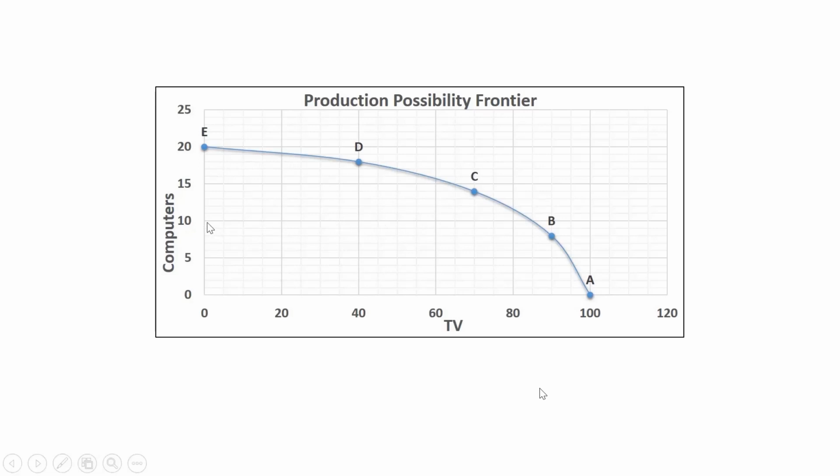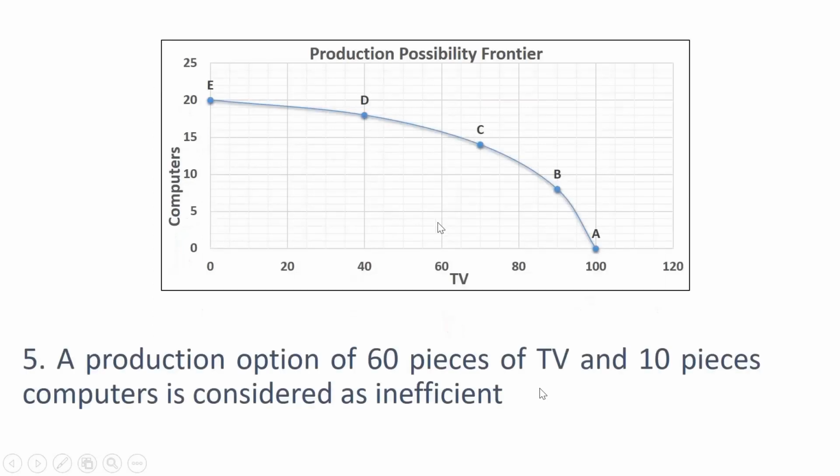Or we can maintain the 10 units of computers and still with the given resource and technology, we can increase TV to this point, which is about 85. That means that when we produce at this point, we are not being efficient. Therefore, a production option of 60 pieces of TV and 10 pieces of computers is considered as inefficient.